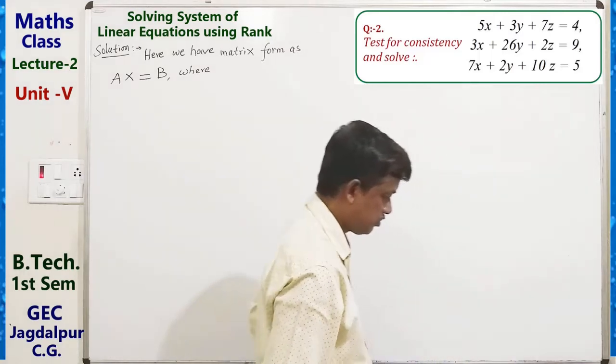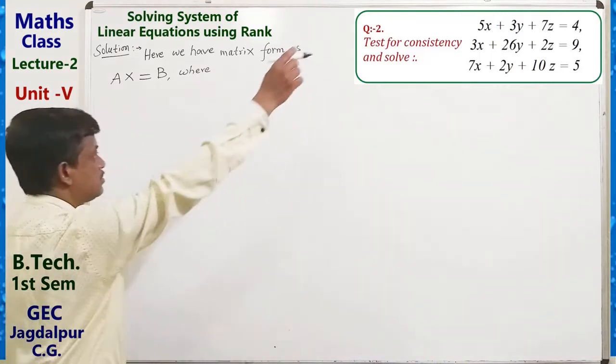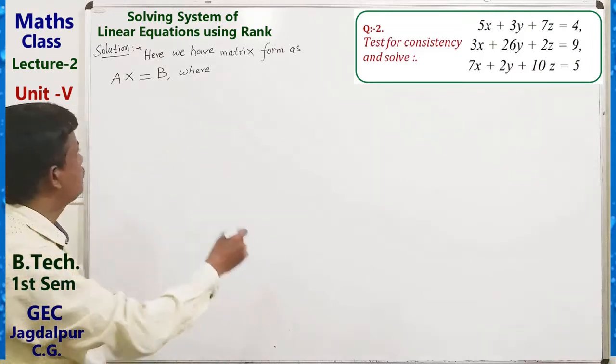Okay, so here 5, 3, 7, 4. See the question here.